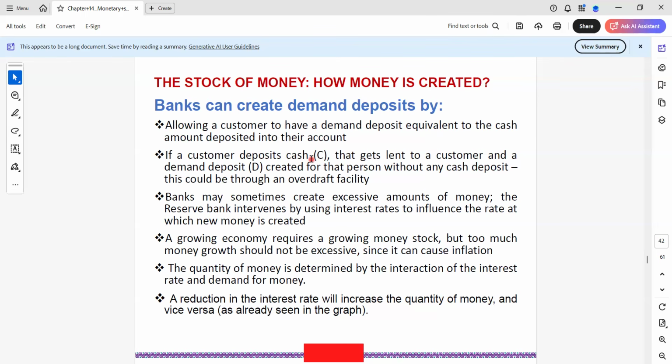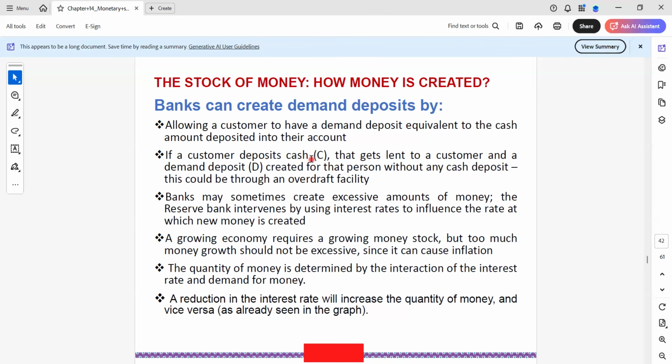That's what they're saying. And then banks may sometimes create excessive amounts of money. The Reserve Bank intervenes by using interest rates to influence the rate at which new money is created. So now, if banks create excessive amounts of money, then the Reserve Bank can intervene. Remember, we said the Reserve Bank regulates the supply of money in the economy. So if they see that there's excess money in circulation, they would then intervene by using what?